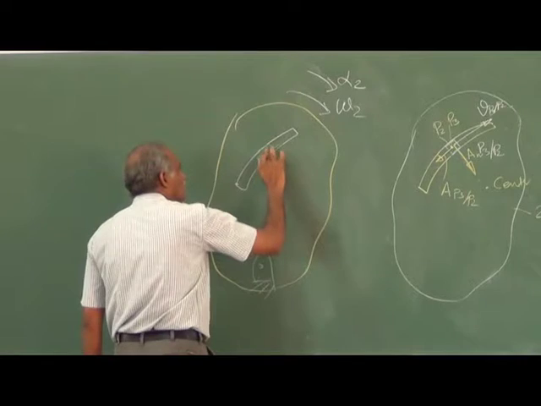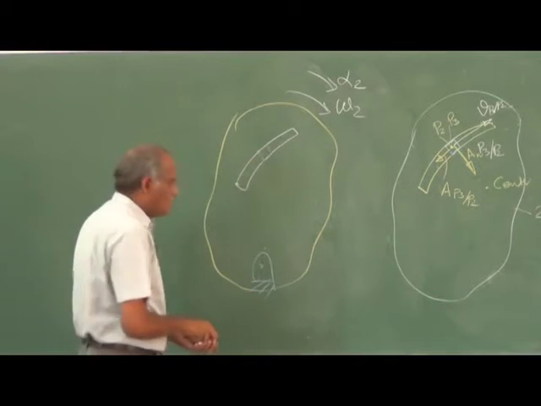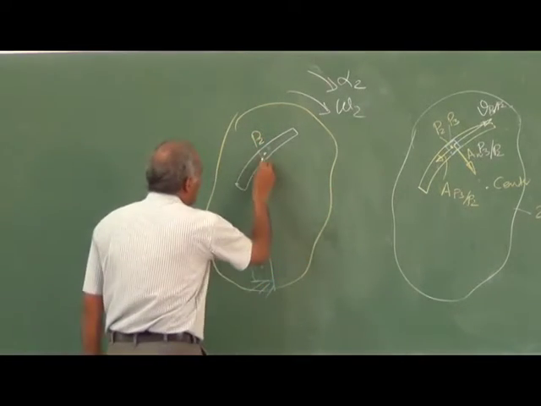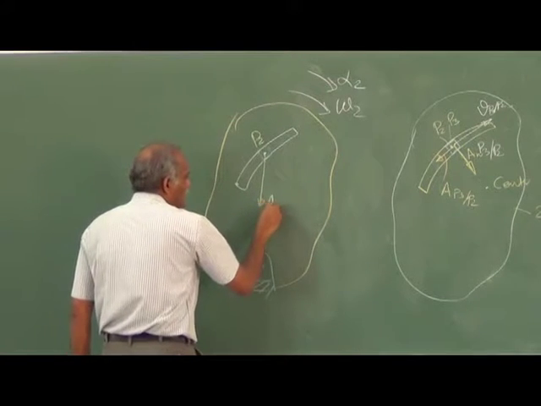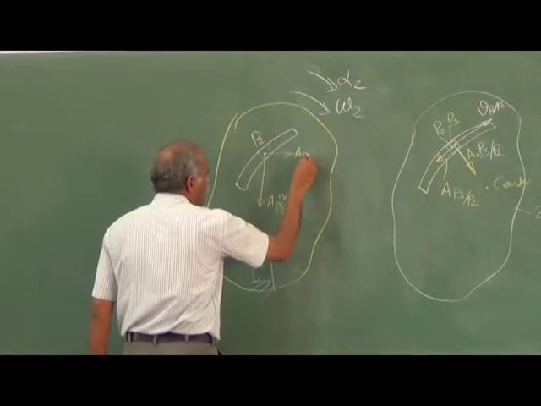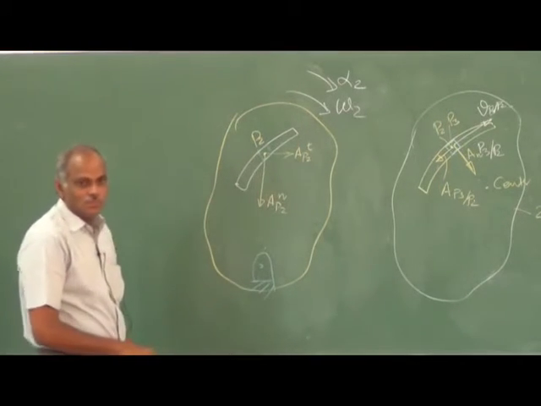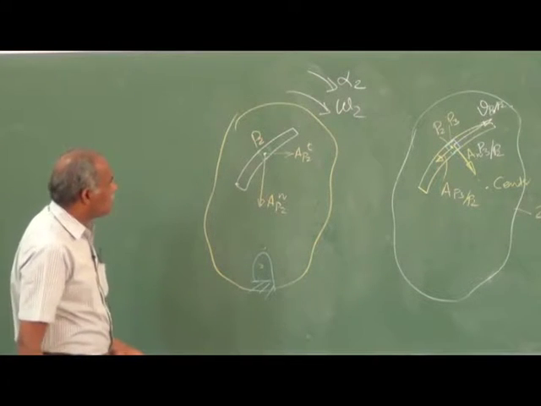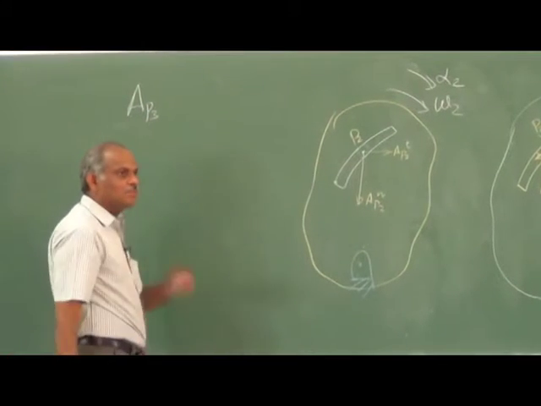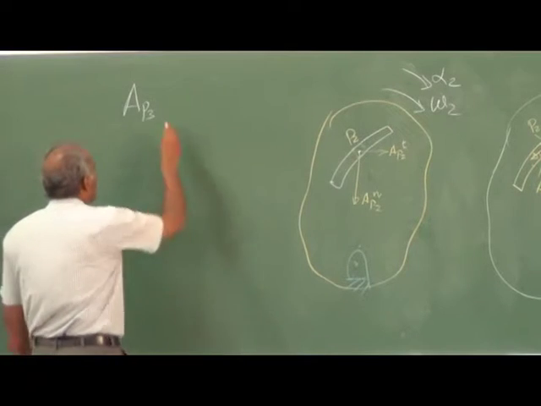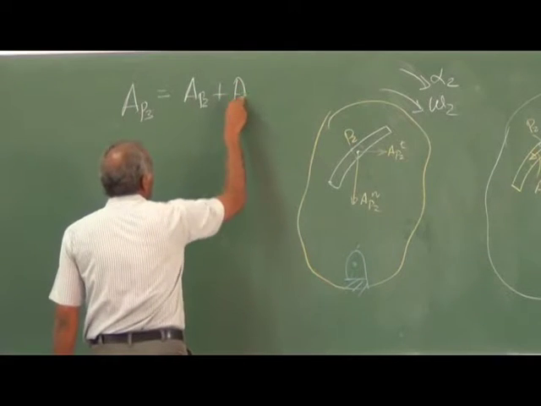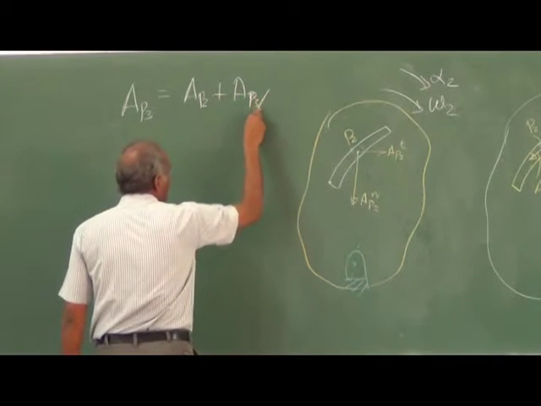Then ignore the slider. What accelerations will you get? For this point P2, we have seen that there will be a component acceleration of P2 normal, and acceleration of P2 tangential. If you ask me to write the acceleration equation for P3, acceleration of P3 will be given by acceleration of P2 plus acceleration of P3 with respect to P2.